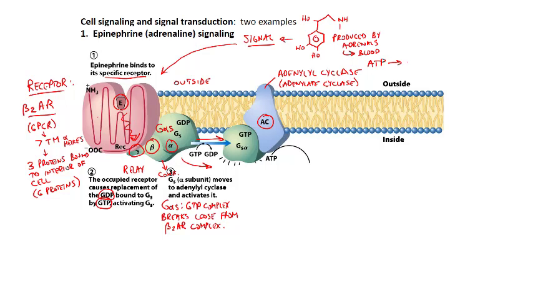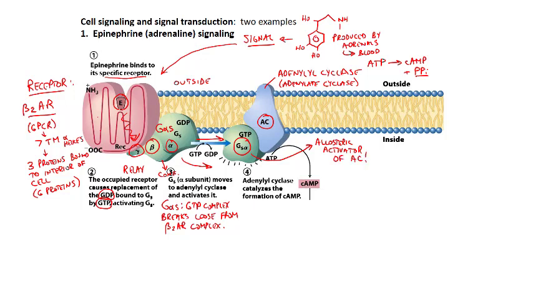ATP forms a molecule called cyclic AMP plus PPi. PPi is just pyrophosphate, which is 2 phosphate ions stuck together. All right, so only when bound to G alpha S can adenylyl cyclase carry out this reaction. So in other words, the G alpha S functions as an allosteric activator of adenylyl cyclase.